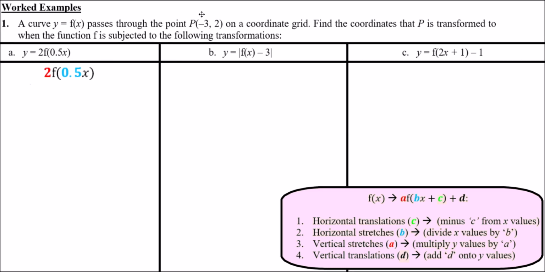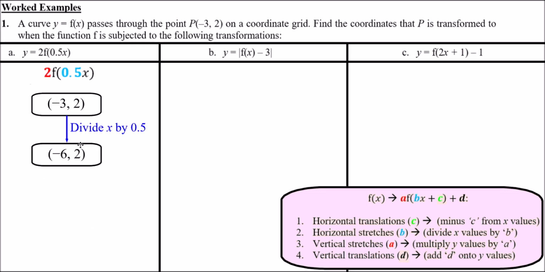So start with P, minus 3, 2. There's no c to consider, so we look at b next. We're going to divide the x values by b, so in this case, we divide the minus 3 by 0.5. The minus 3 will become minus 6.